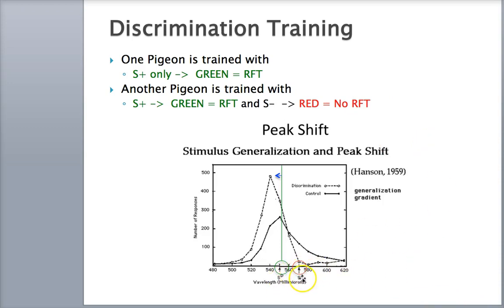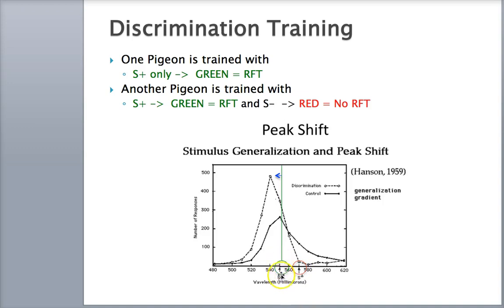So here we have our two stimuli. Here's our SD and S delta. Now I'm sorry that this picture uses SD for S plus and S delta for S minus. This is acceptable too. Both of them are common, but we tend to keep them together. So SD and S delta are the same as S plus and S minus.